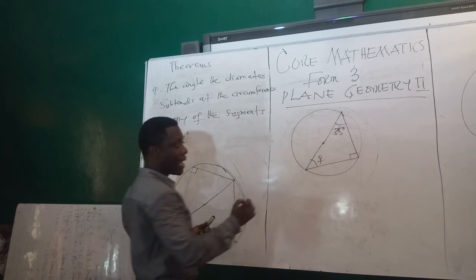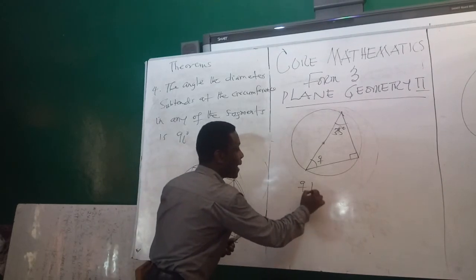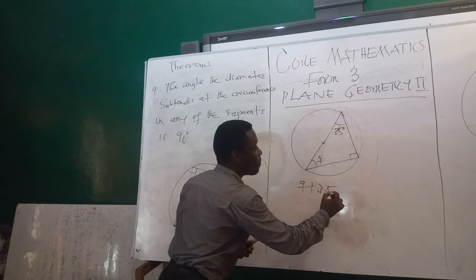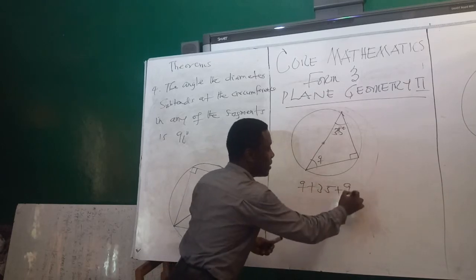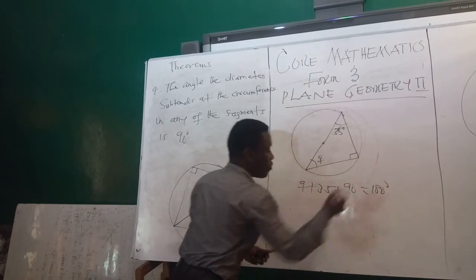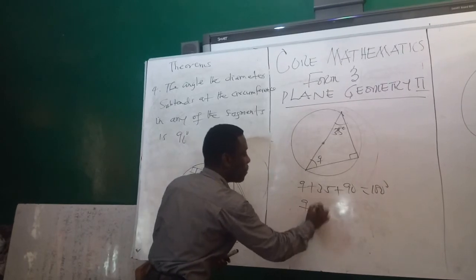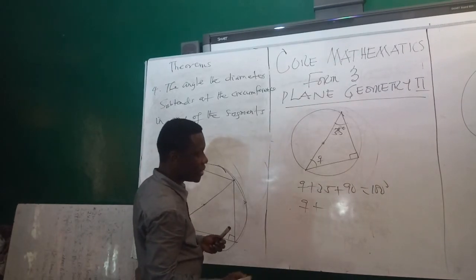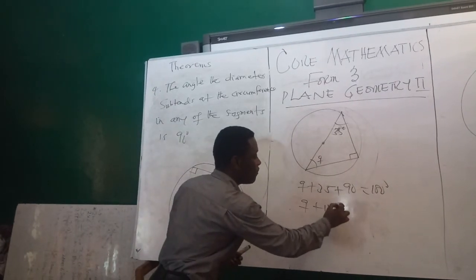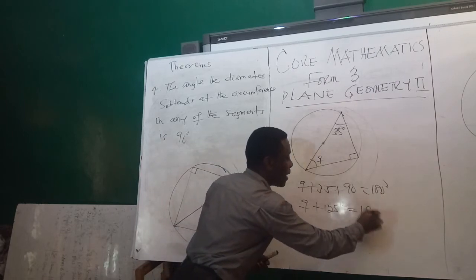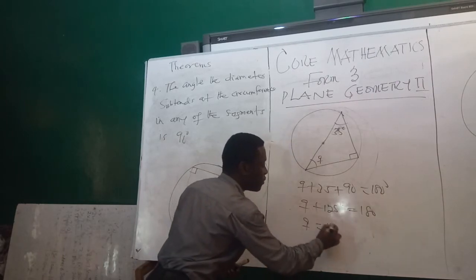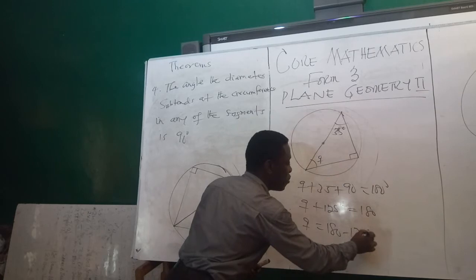So going by that, it will mean that Q plus 35 plus the angle here, 90, should give us what? 180. So from that simple equation, Q plus 125 degrees should give us 180. So our Q is 180 minus 125.